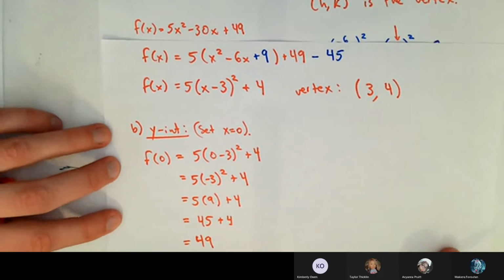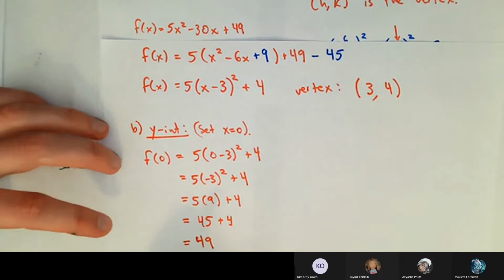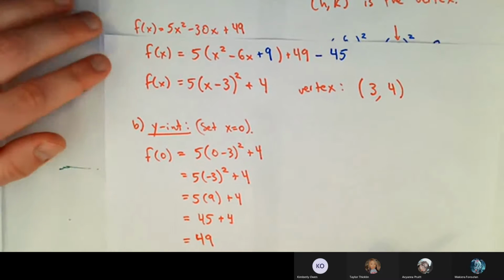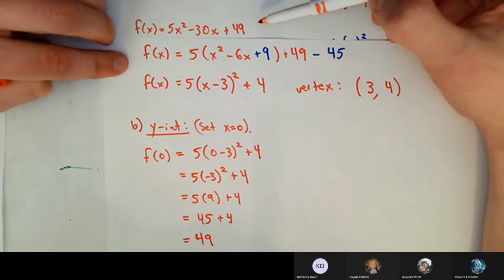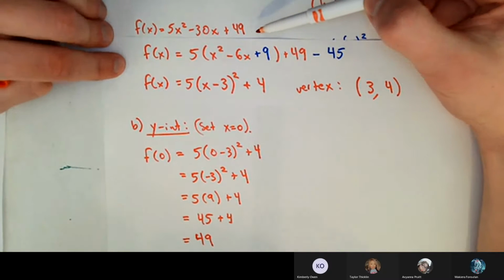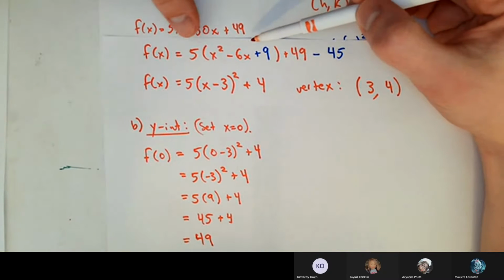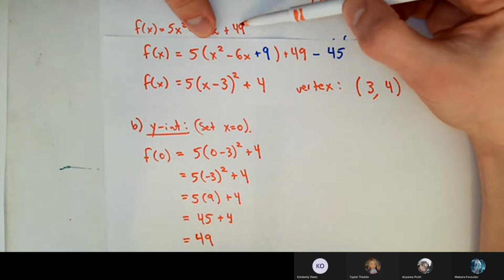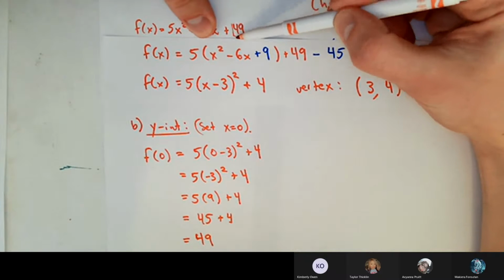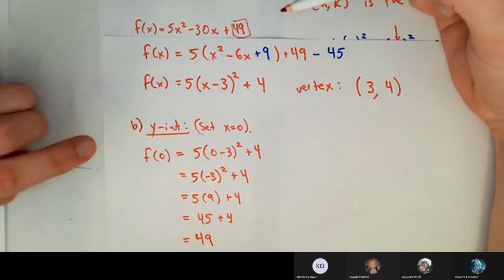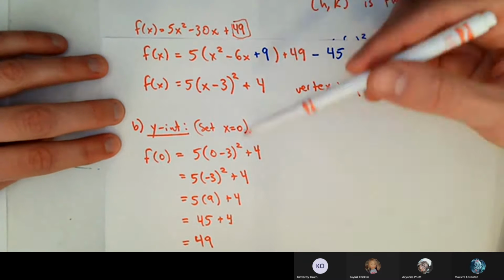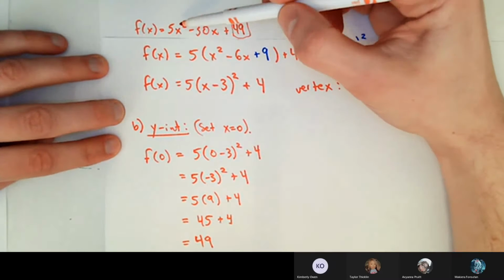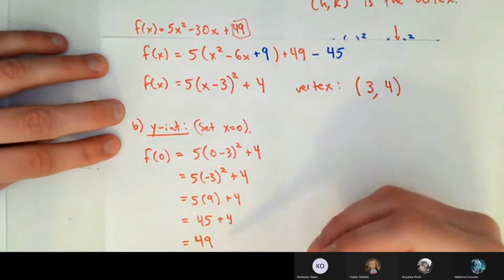Now, I just want to point this out. For finding the y-intercept, if the function is written in this original form, then when you plug in x equals 0, all you get is that constant number, right? So it's easier to use the original form here, because when you plug in x equals 0, these terms just go away and you just end up with 49.